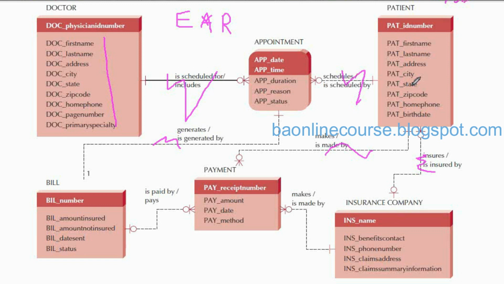Okay, so those are the three main components of an ER diagram: entity, attributes, and relationships. Okay. So entities are nothing but, going by the definition, persons, things, places, and events about which you need to store information. Those become the entities.